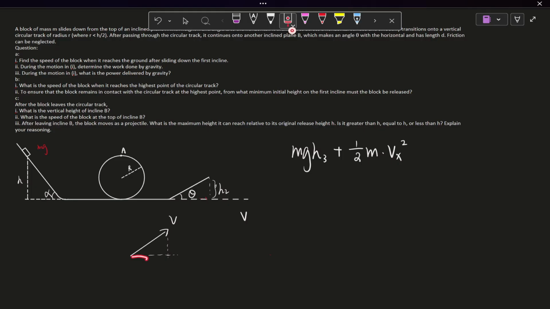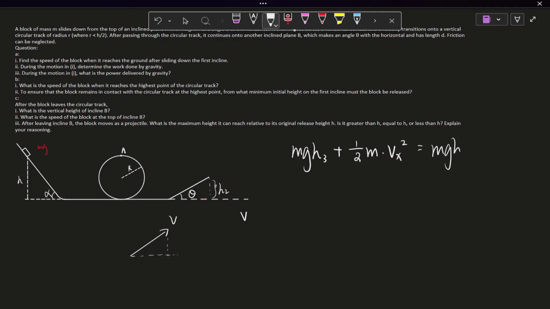The horizontal components will never disappear throughout the entire process because there's no external forces or force components that act on the object horizontally. During the projectile motion, it's basically doing a free fall, and it only has a gravitational force that acts on the object, right? So this is equal to mgh, right?